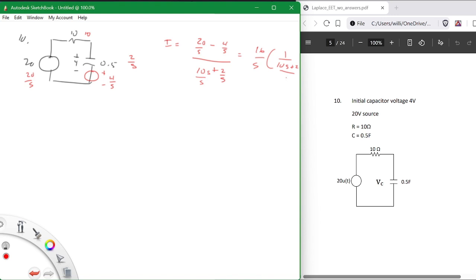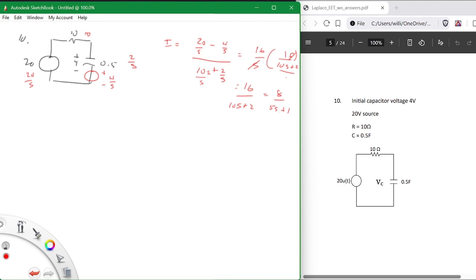Okay, so yeah, and then that S goes to the numerator, so that these S's cancel out. So this is 16 over 10S plus 2. So now we get 8 over 5S plus 1. Now it gets a little messy.